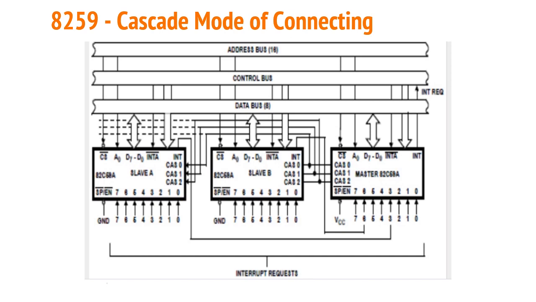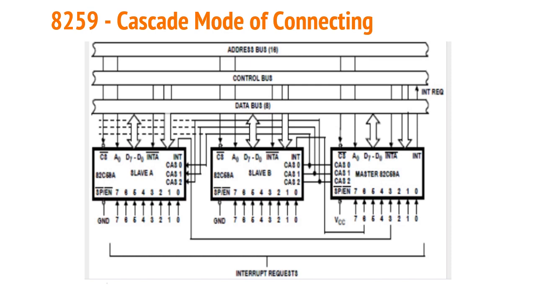When the master selects a slave, first it will send its ID on the CAS0, CAS1 and CAS2 lines. The slave in turn will send its selected interrupt into the IR pins of the master. Then the master will in turn pass on this interrupt request on to the CPU.